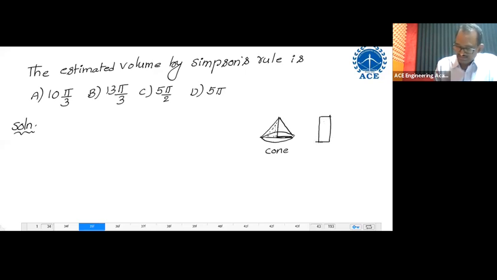The area inside the rectangle is continuously rotated about its edge. Rotate this about its edge. This is the edge. Turn this side, and this side, and this side.